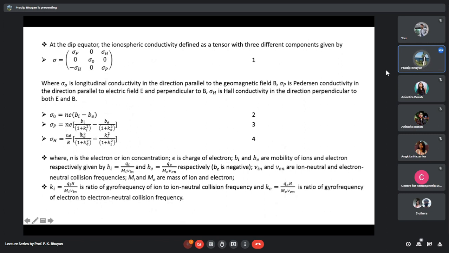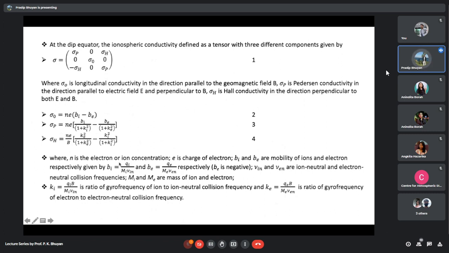So here in sigma P, that means Pedersen conductivity, we have another term in addition to the mobilities, the ion and electron mobilities. This term is 1 plus Ki square divided by 1 plus Ke square. As we have said, these are ratios of the gyro frequency to the electron-neutral collision frequency or ion-neutral collision frequency.